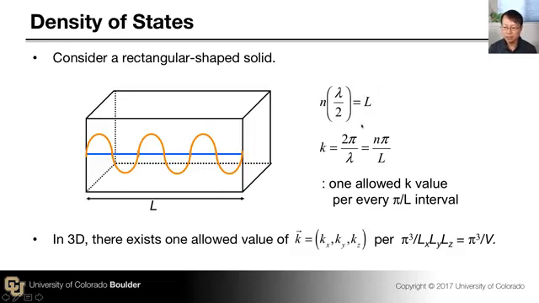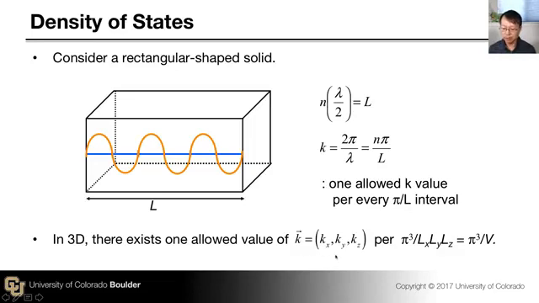And this, from the definition of k, which is 2 pi over the wavelength, gives us the equation that k is equal to an integer n times pi over L. So it's an integer multiple of pi over L, and therefore the interval between two adjacent allowed k values is simply pi over L. Now extend this argument to a three-dimensional solid.